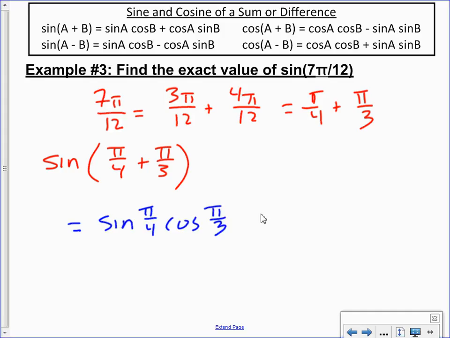Since it's plus, we keep the sign. Sine, cosine, cosine, sine. And notice the order: pi over 4, pi over 3, pi over 4, pi over 3. A, B, A, B.